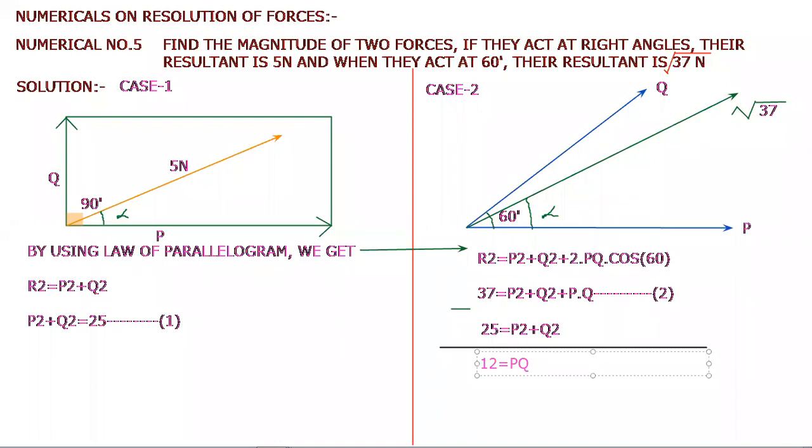So that you can solve equation 1 and 2 simultaneously to get the answer. Right? Now I request you all students to try to solve it further. Okay, I will give you 5 minutes time.